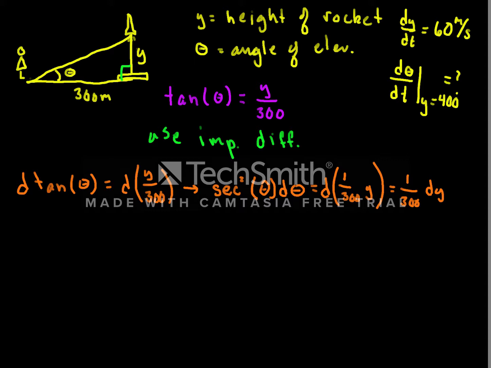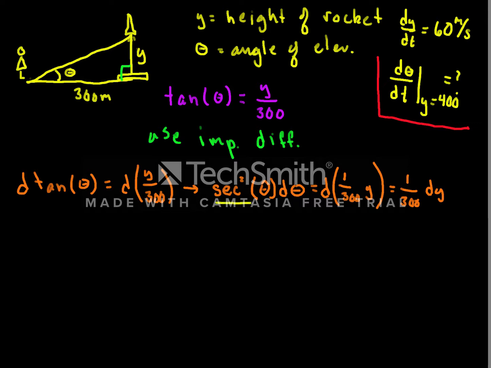That's what our differentials are. Going back, what do we want to know? Well, we want to know d theta dt. And so this tells us that we should be dividing through by the denominator here, dt.